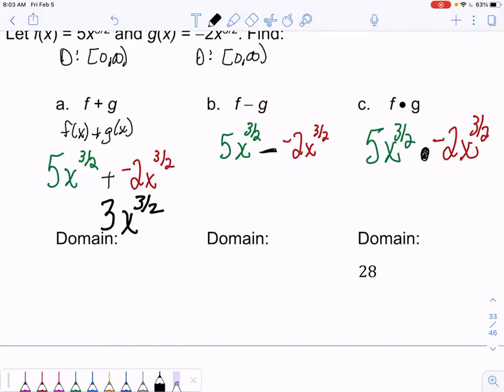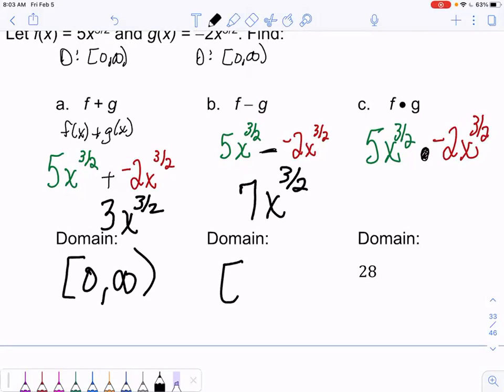And then the domain, Gabby, is? Would that be equal to 0 to... Yep. So Grace, letter B, if you're subtracting 5x to the 3 halves minus negative 2x to the 3 halves, we get? 7x? Yeah. Does the domain change? No. Same 2 functions, same domain.